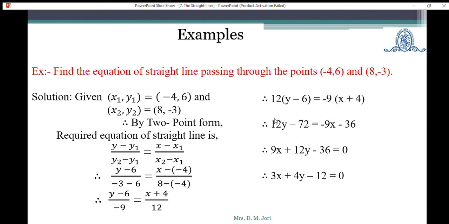Let us shift 9x to the left hand side so it is positive: 9x plus 12y minus 72 plus 36, that is minus 36, equal to 0. All are multiples of 3, so we can divide by 3. The final answer is 3x plus 4y minus 12 equal to 0. This is the equation of the straight line which passes through the two points.